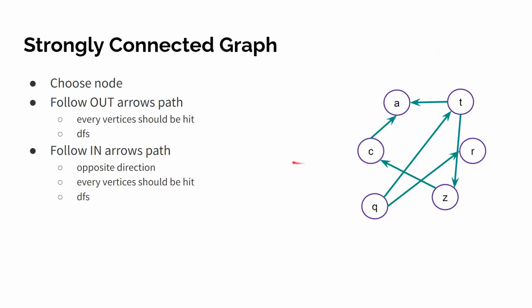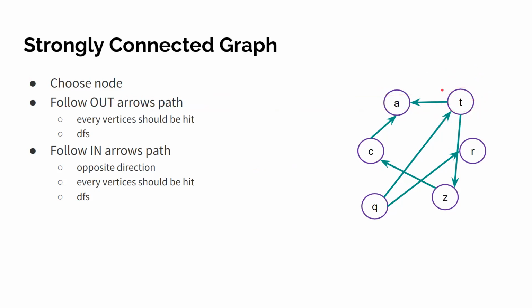Okay, now strongly connected graph. How do you determine if something is strongly connected? Strongly connected basically means that you can get to and from the node from every single other node. So what we do is choose a node.